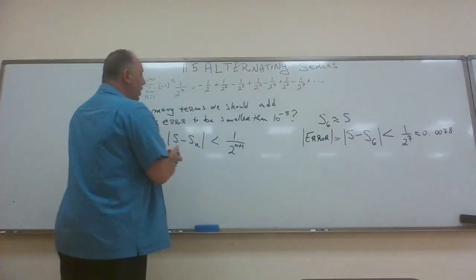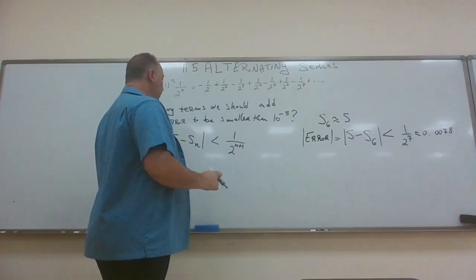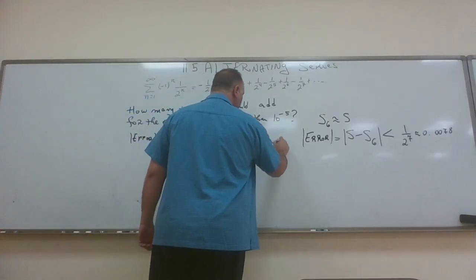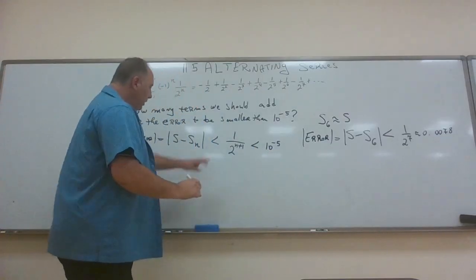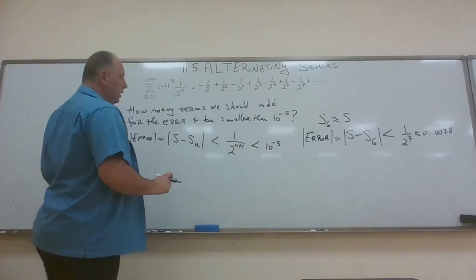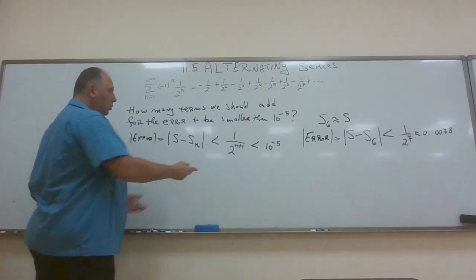Okay, so now we want to make sure that the error is smaller than 10 to the power minus 5. So this needs to be smaller than 10 to the power minus 5. This way, I make sure that the error is smaller than 10 to the power minus 5. So I need to find n.